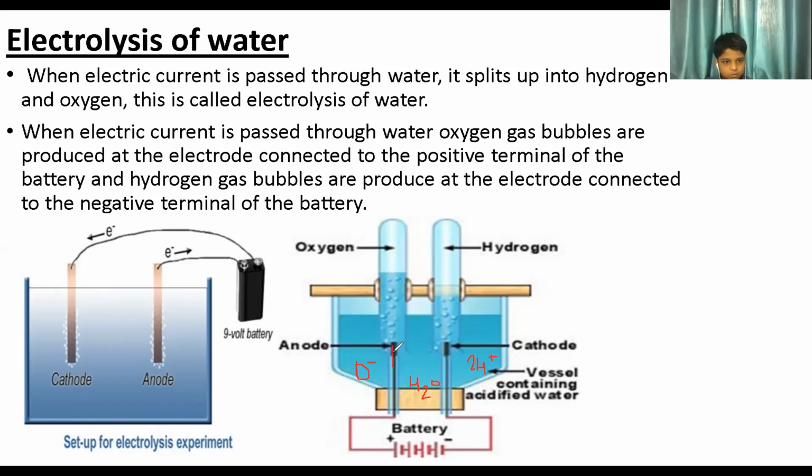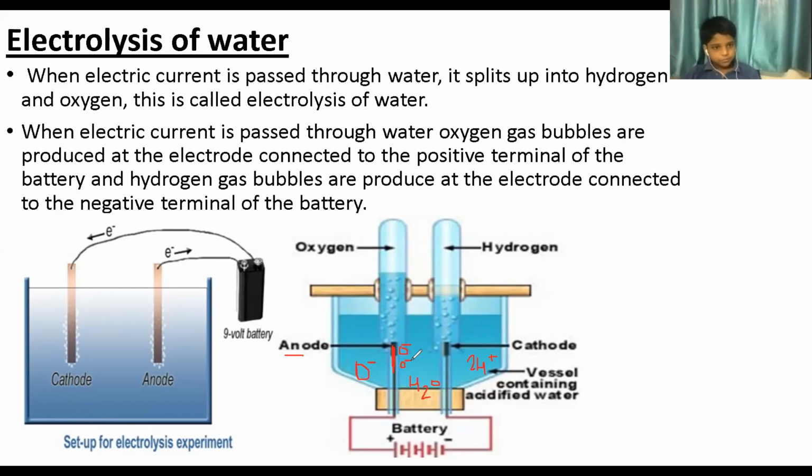The electrode which is connected to the positive terminal of the battery is known as the anode. अब क्योंकि ये positive है, it would attract the negative ones. Like we have studied, positive and negative attract each other. So the bubbles of oxygen, that is the negative ions, are formed near the positive terminal.